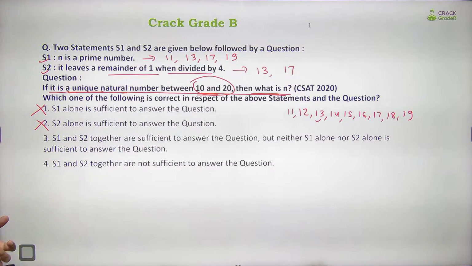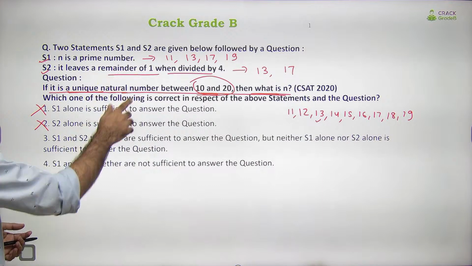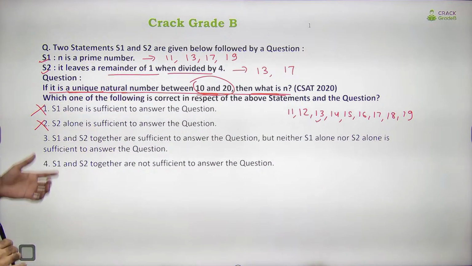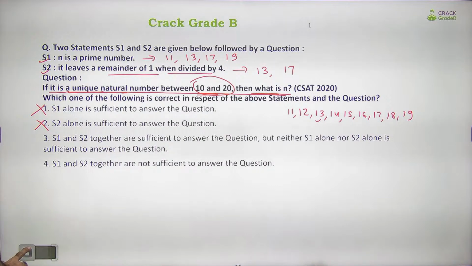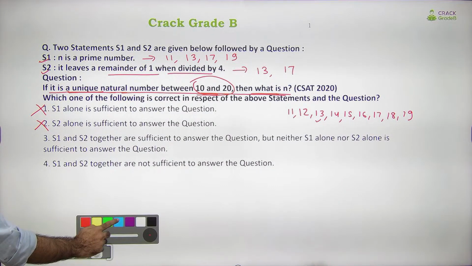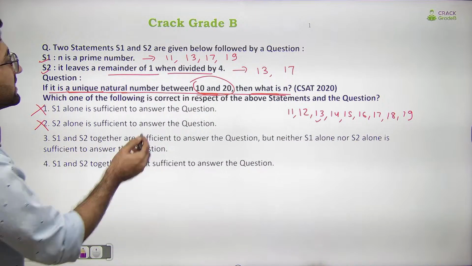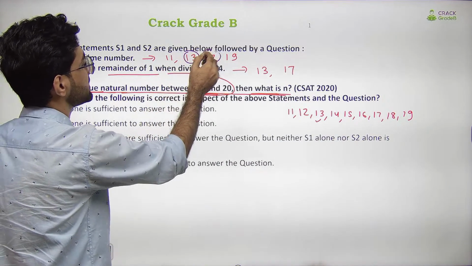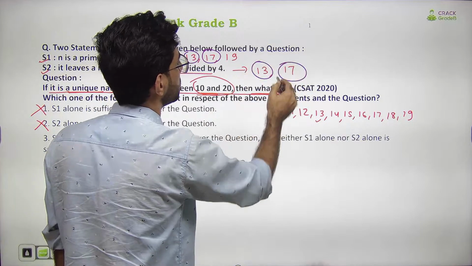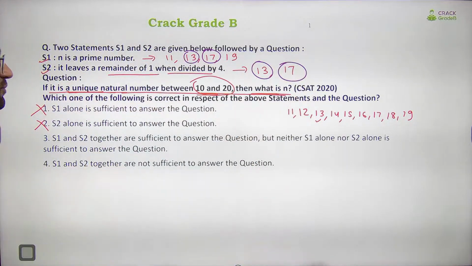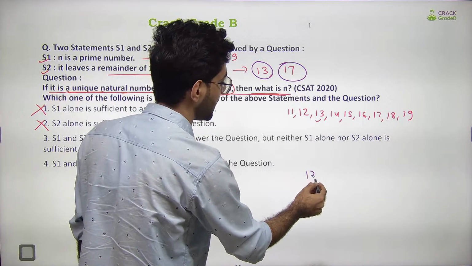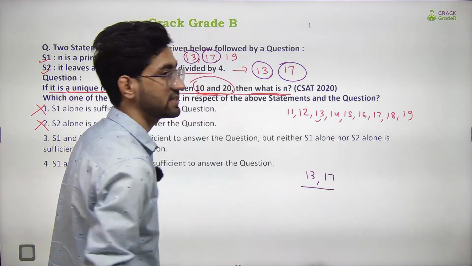Now what will we do? We will combine both statements, statement 1 and statement 2. If you combine both statements, you will find that 13 and 17 are present in both lists. So what are the possible values for n? 13 and 17.